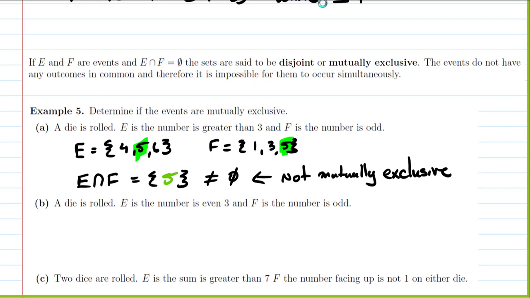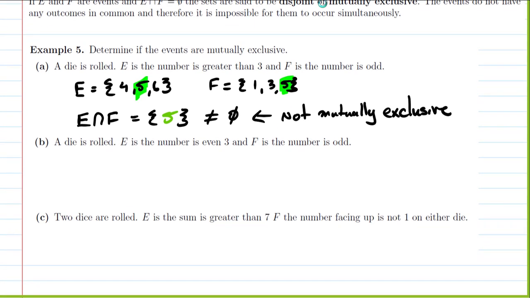A die is rolled. E is the event that the number is even, and F is the event that the number is odd. If E is the event that a number is even, our possible outcomes are 2, 4, and 6.